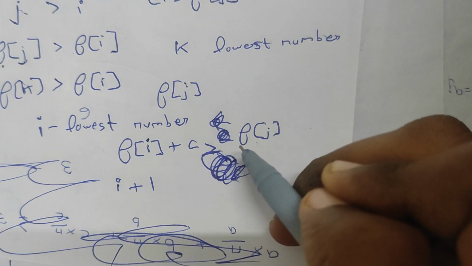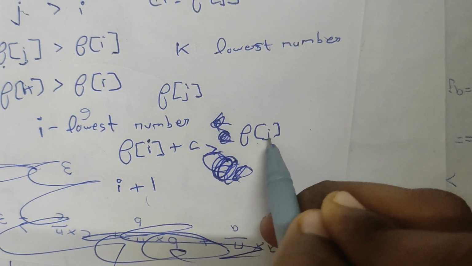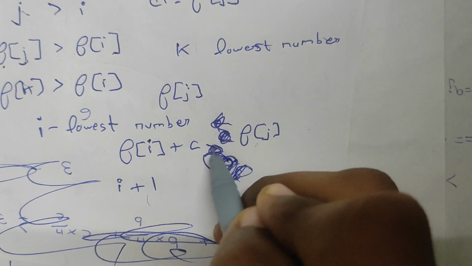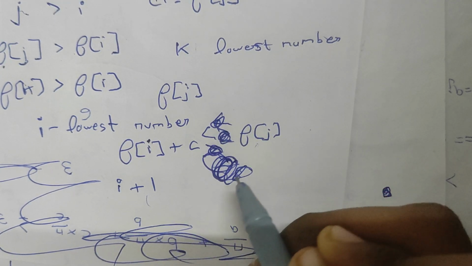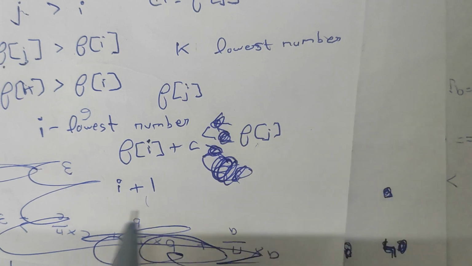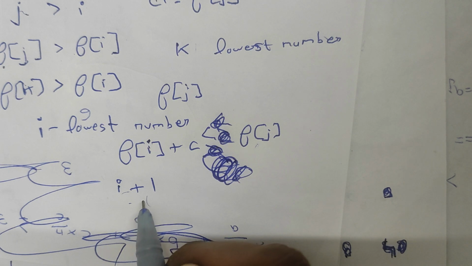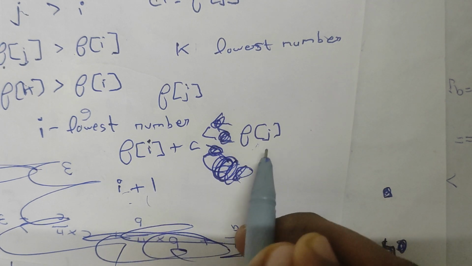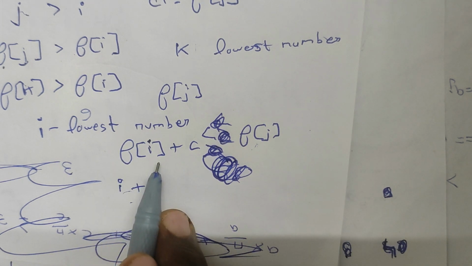If it did, we don't need to add this extra 1 because we are not going to remove the jth candidate. But if f of j is greater, we will remove the jth candidate and we will add 1 to this sum.